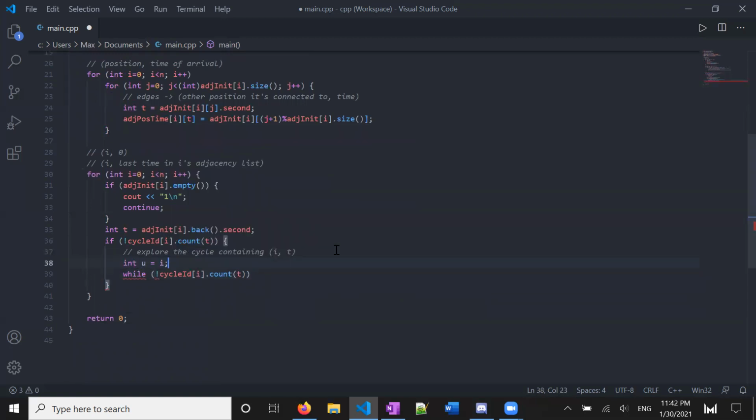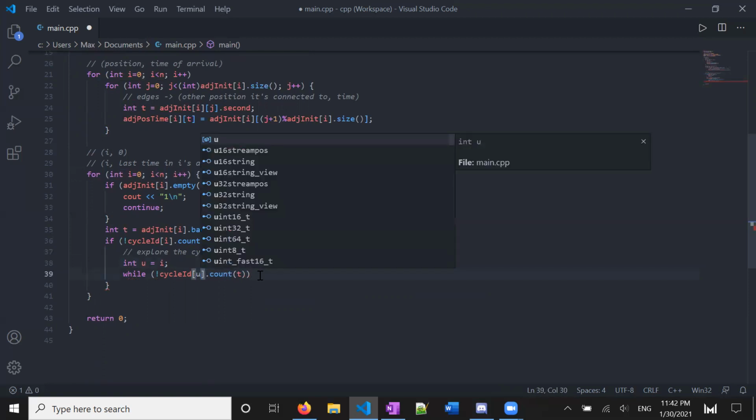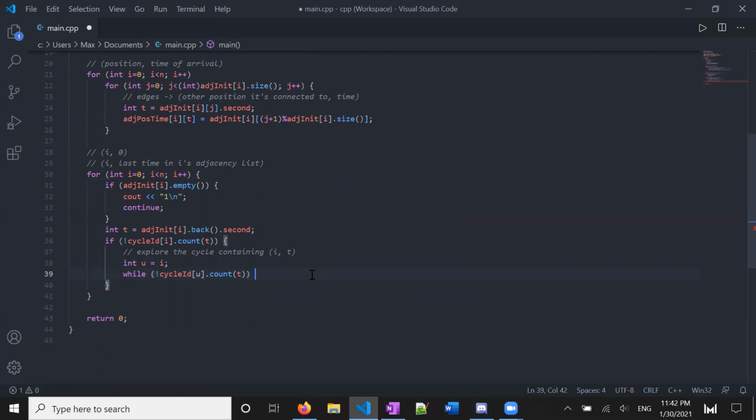I don't want to change the value of I because I is being used in this for loop, so I'm going to make a new variable called U. We also want to collect all the unique positions that we encounter in a set. We use a set because we don't want to accidentally count, for example, position 3 time 4 and position 3 time 6 as 2 different positions. They're both the same position, just at different times that we arrive at them.